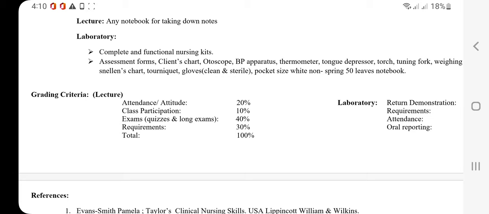I will show you a sample of our review of systems tool, which we use as our physical assessment tool. So that is my requirement per coverage. Okay? And then a total of 100%.